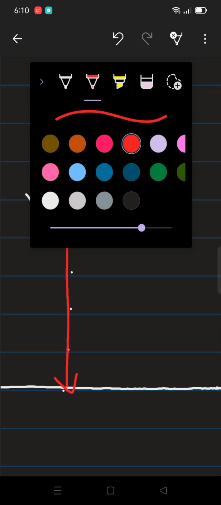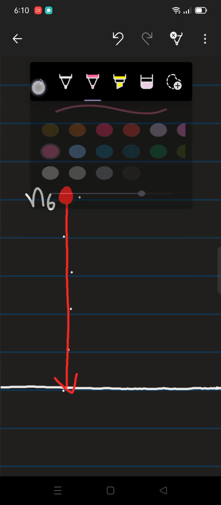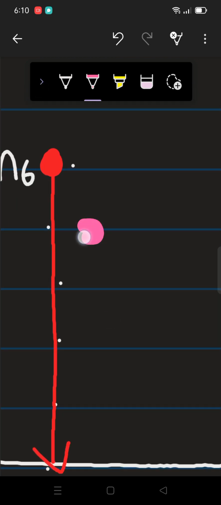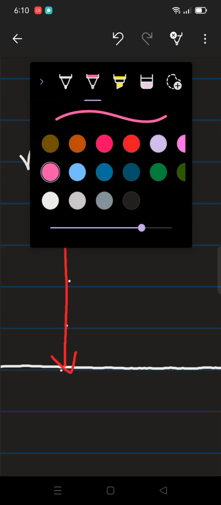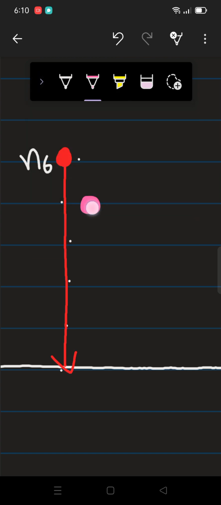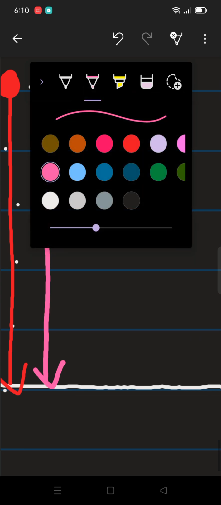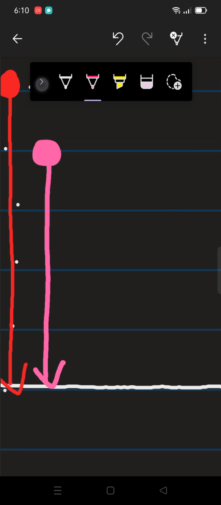The second possibility is it can come from here as well, right? Then it can come from here as well.